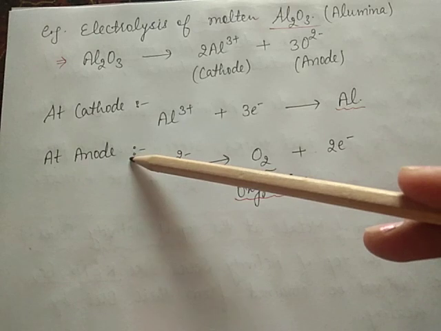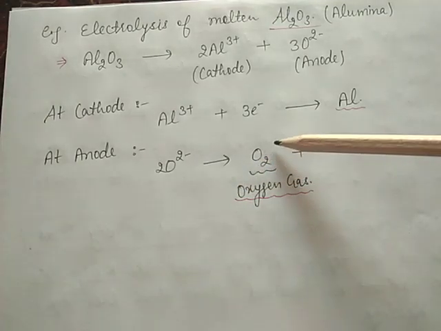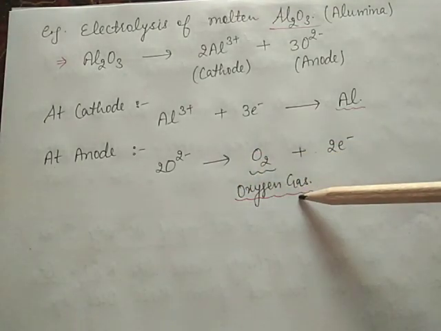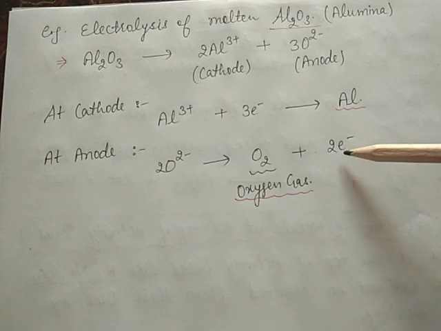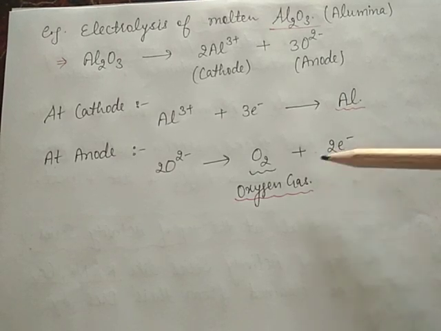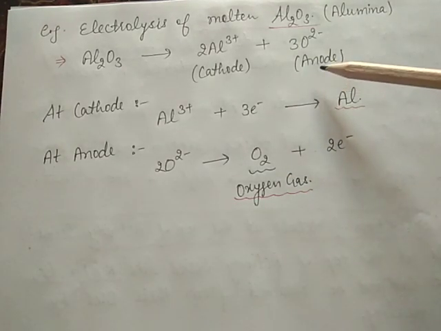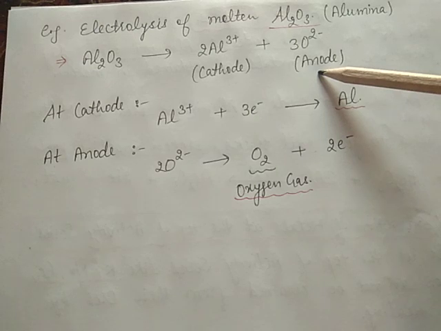At anode, oxidation takes place. Here oxide ions are oxidized, and release oxygen gas after the loss of 2 electrons. So this oxygen gas is released at anode.